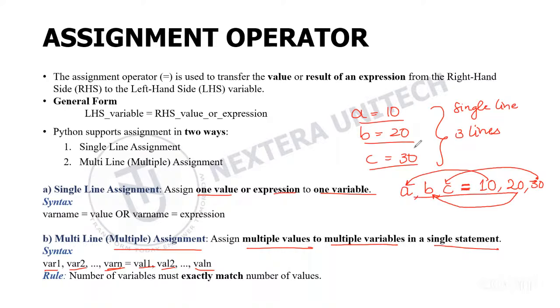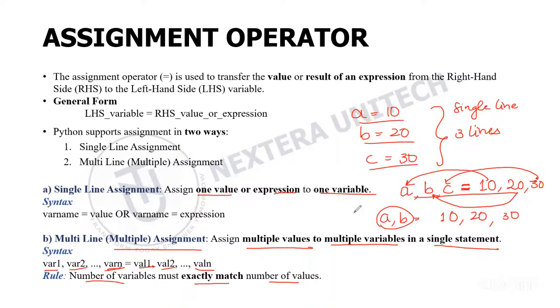Rather than three single line statements, we can use a multiple assignment and assign three values at once. So the rule here is that your number of variables must be exactly the number of values. If you have three values here, you should also have three variables on the left hand side. You cannot give a comma b equals 10 comma 20 comma 30.